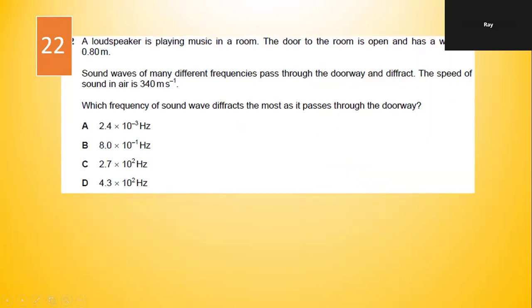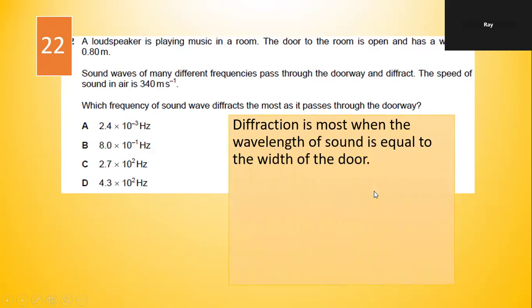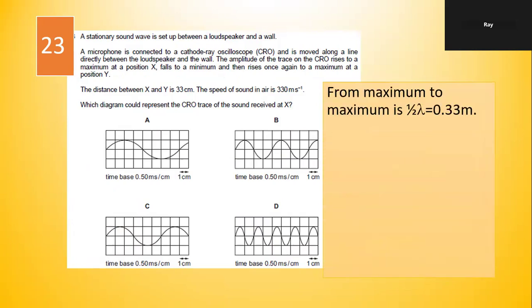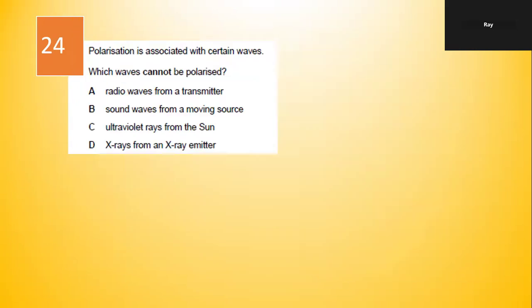How about this one? E. Okay. Good. D. How about this one? B. B. Okay. 24.